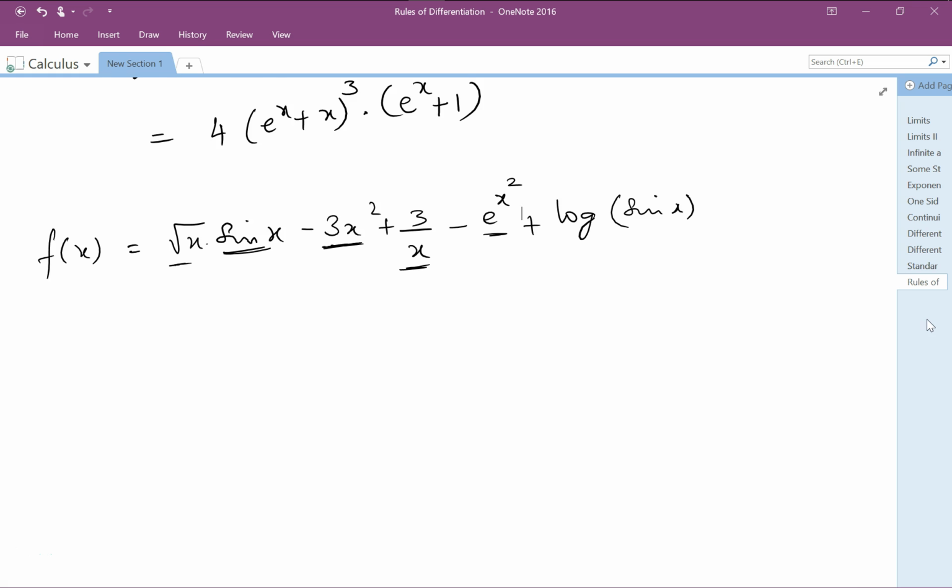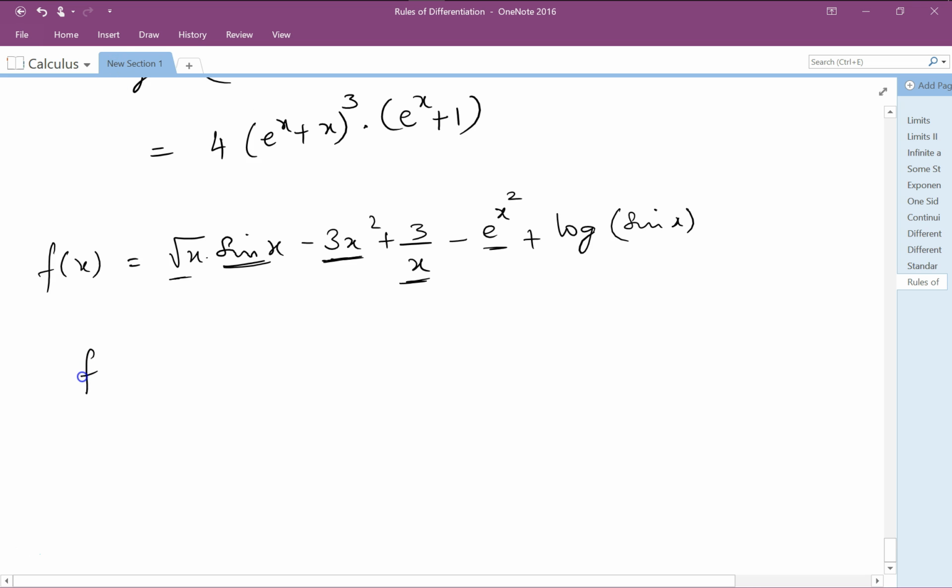Now if you look at this problem, then you should be able to apply all the different rules. F prime of x is equal to, this is product rule, derivative of root x, that is 1 by 2 root x sine x, and plus root x as it is cos x. This is 6x.